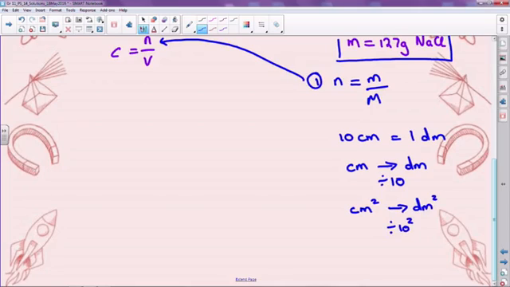And the part that applies to us, if I go from centimeters cubed to decimeters cubed, I'm going to divide by 10 cubed, which is the same as 1,000. So my second thing that I have to do is a conversion. Let's do it in those two steps.